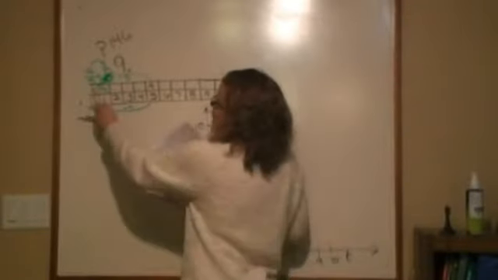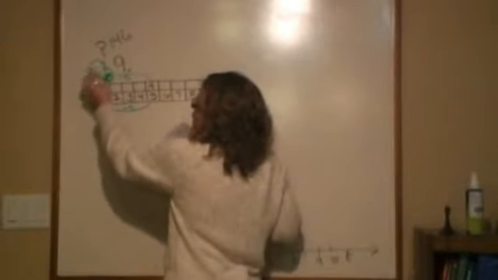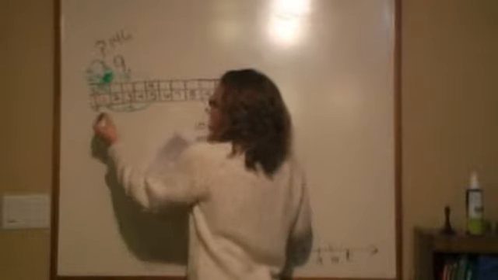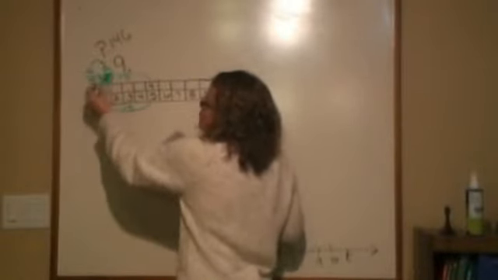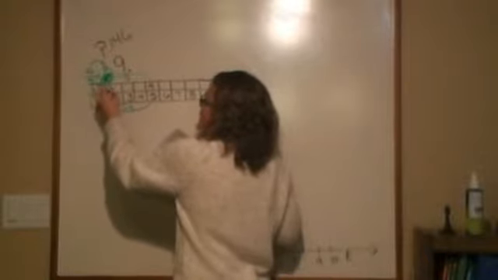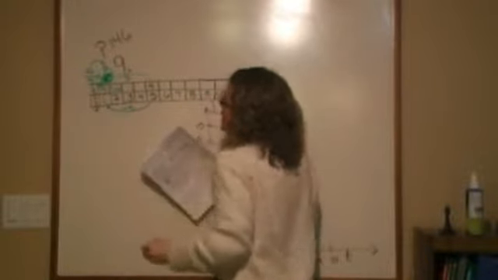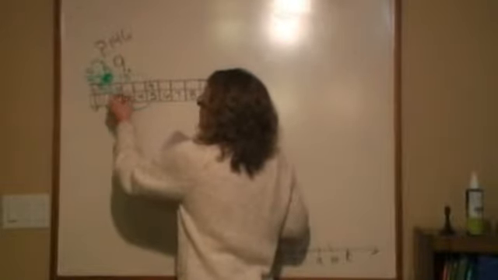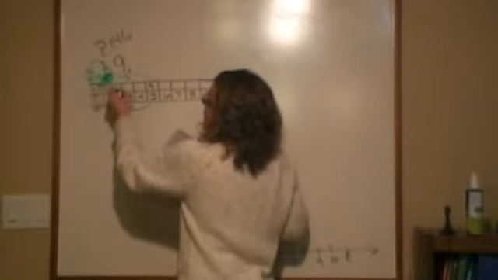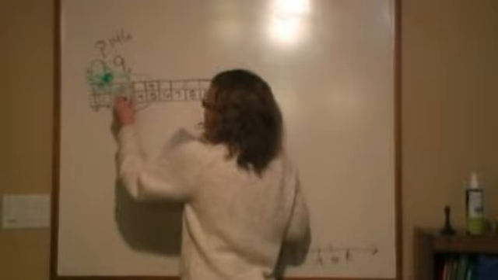So if 1 jar is 0.8 of a liter, then how many would 2 jars be? Well, I just go 0.8 times 2, or 0.8 plus 0.8 is going to give me 1.6. And I'm going to keep going up. So 3 times the 0.8 would give me 2.4.